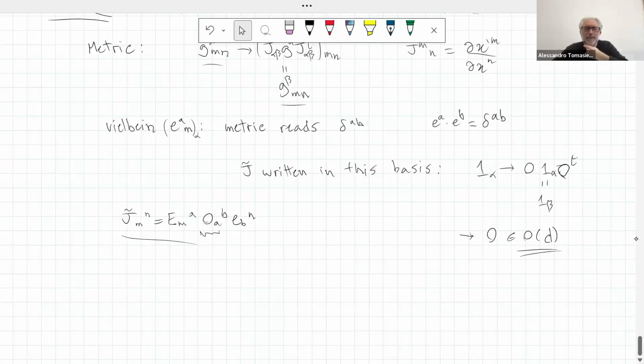So the transition functions, we can always think of them as being in O(N). But if we want to reduce further to an even smaller subgroup, then we need to assume the existence of more complicated, more non-trivial objects.